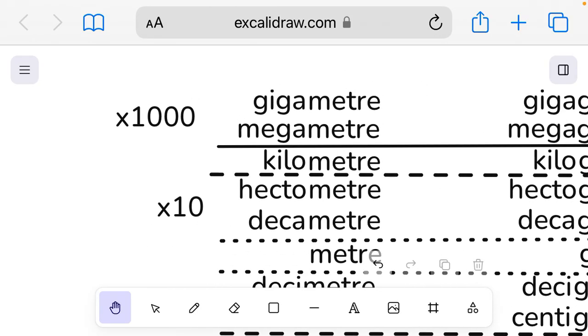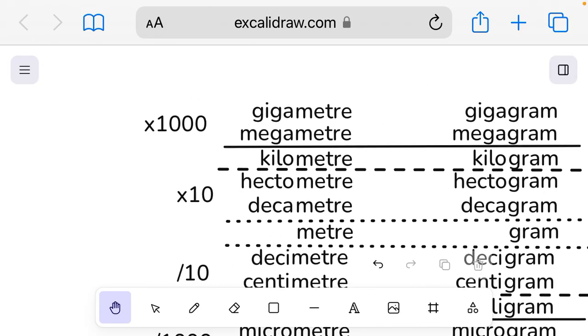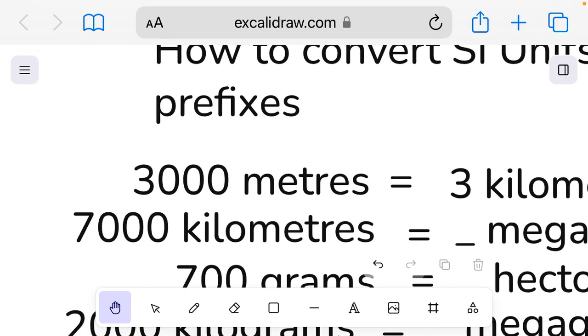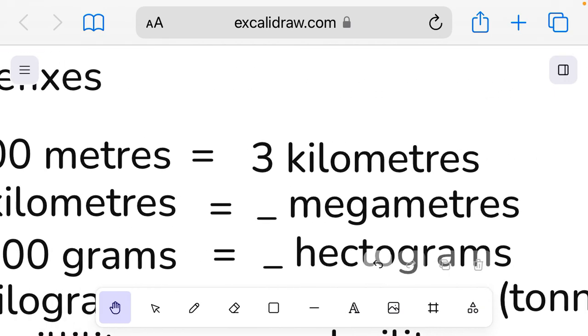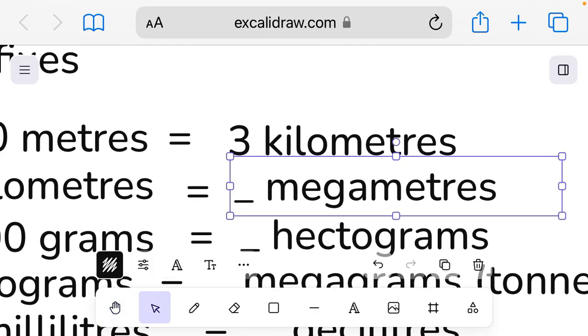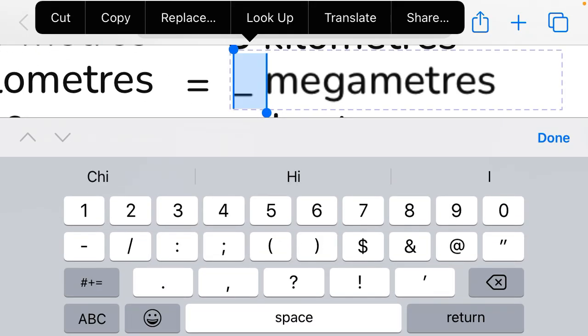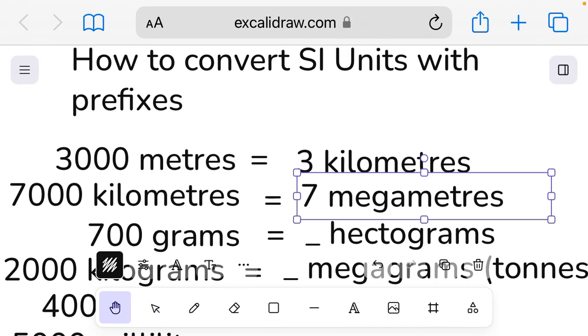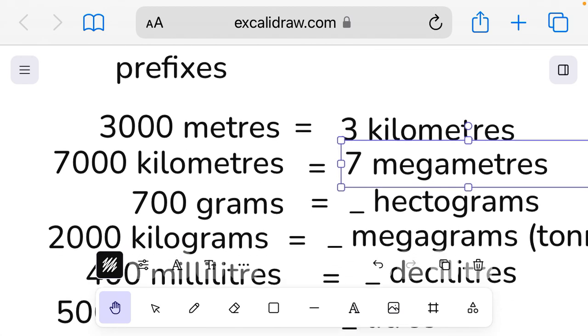So 1 megameter equals 1,000 kilometers. Therefore, 7,000 kilometers equals 7 megameters.